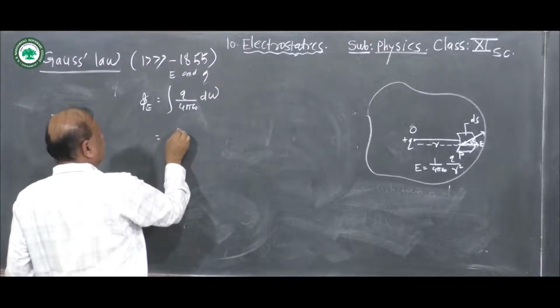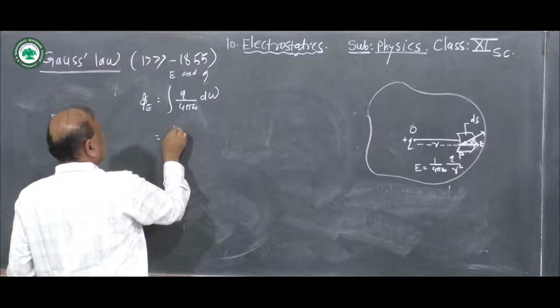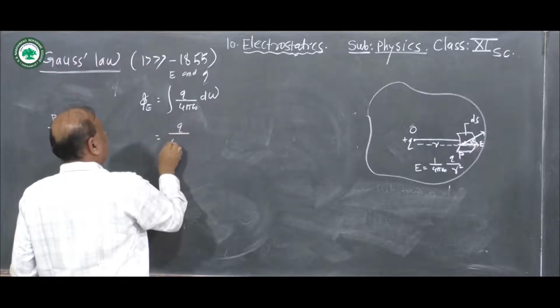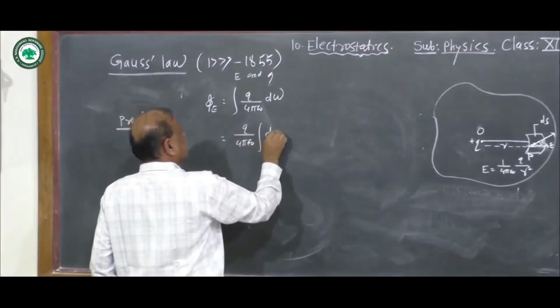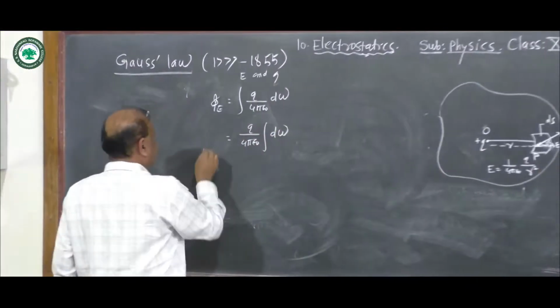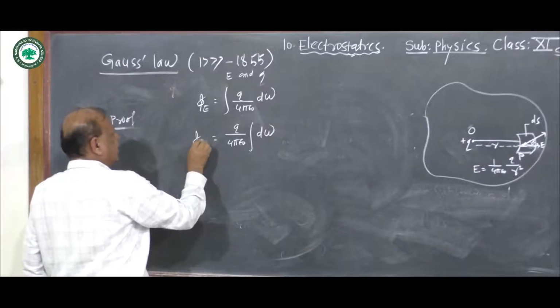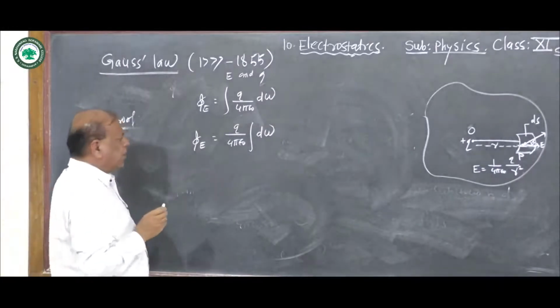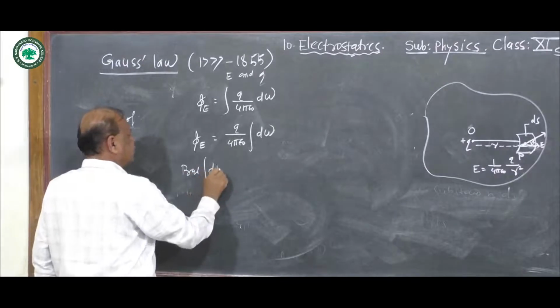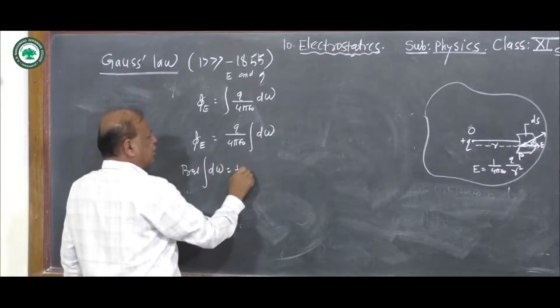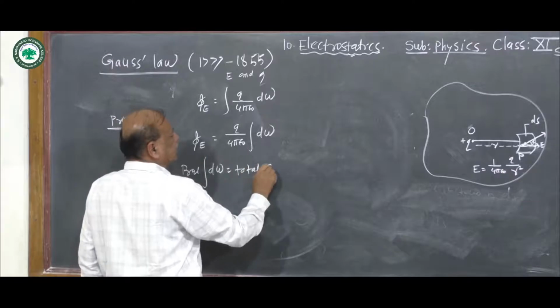Now this is equal to q upon 4 pi epsilon 0 times the integration of this d omega. This is the phi E here.